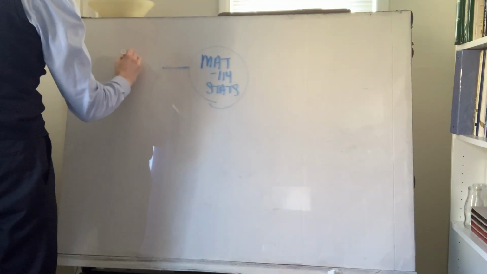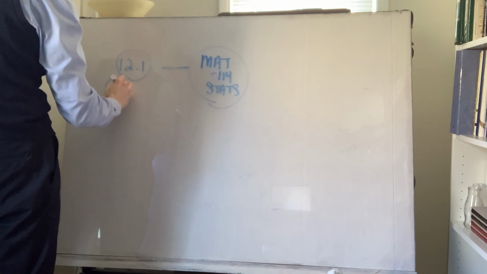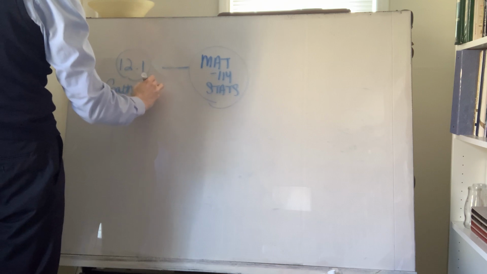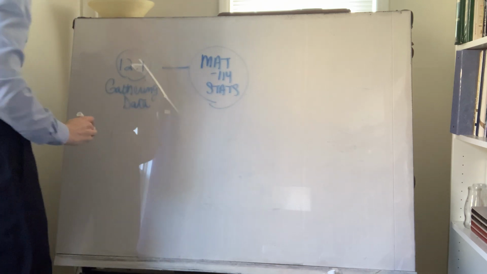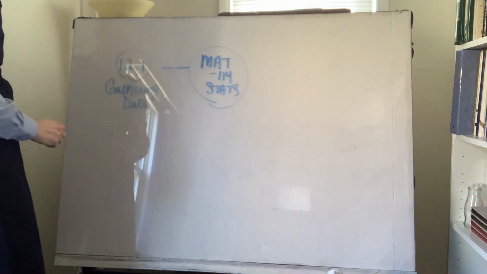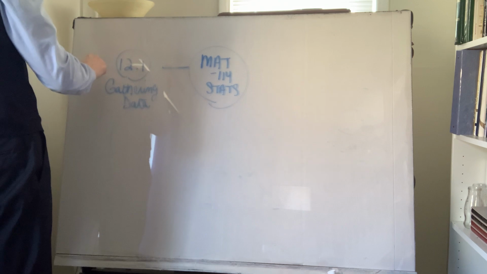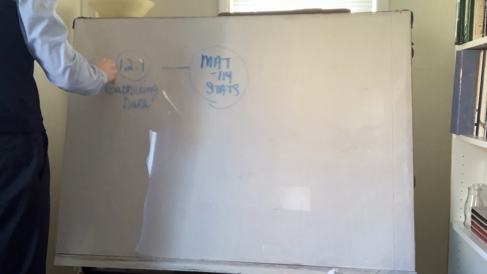Section 12.1 is about basically gathering data. I mean, there's more to it than that. There's also terminology and what have you, but that's the basic gist of it. All right, methods. Methods for gathering data.